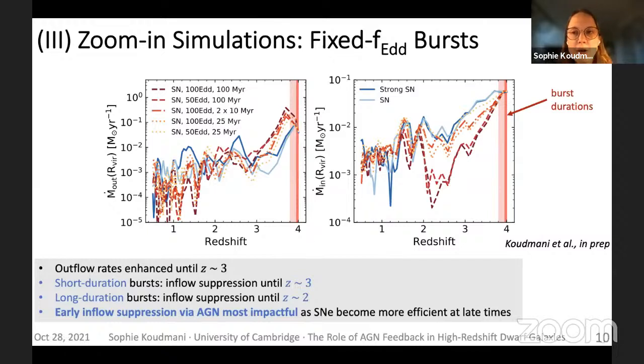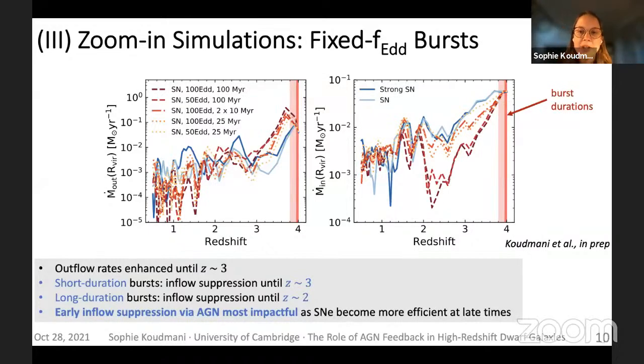And we can see that even long after the AGN has switched off, the outflow rates are still enhanced compared to the supernova only runs, but even more dramatically, the inflow rates are significantly reduced, in some cases even until redshift 2. So the AGN then efficiently operates via expelling the gas and then cutting off the gas inflow so that there is no more fresh gas supply, and shutting off star formation in that way.